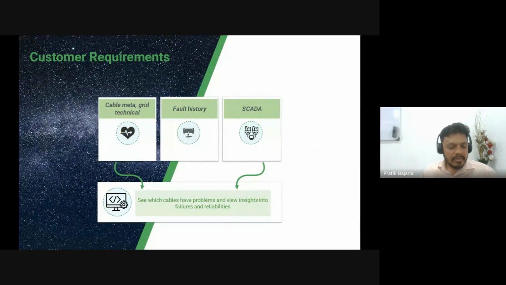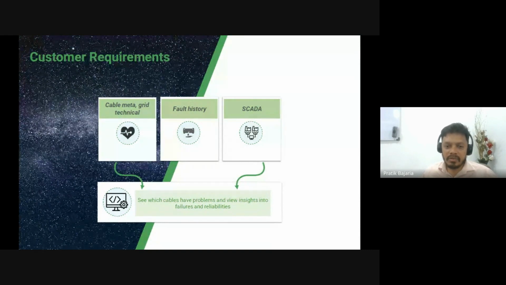Okay, so having spoken about what customers require, if I have to quickly put it down into a set of dimensions which we try to comply with and customers do ask for, they are getting the capable metadata, grid data, technical data, which talks about what is going to be the health of the given feeder line. History, of course, we do want to understand what fault happened and what were the underlying electrical and ABC parameters.